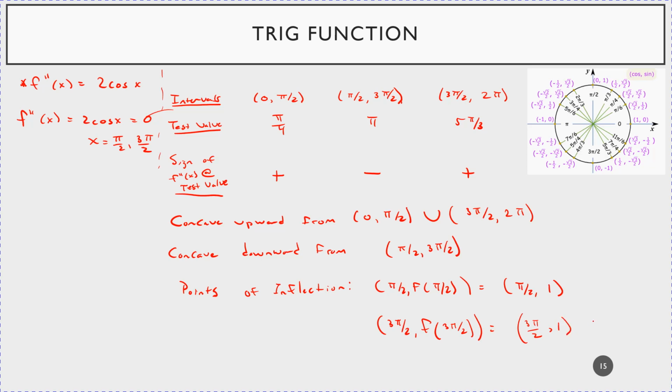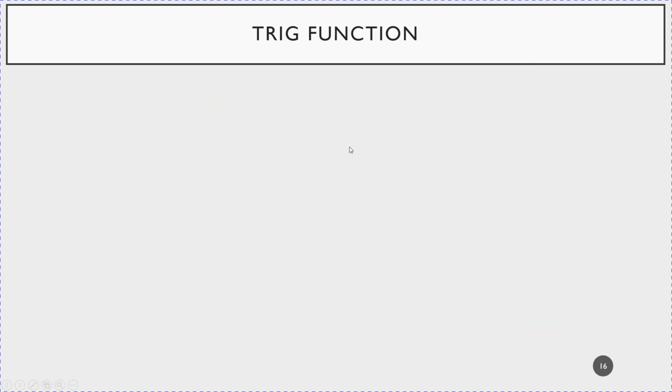All right, now we need to put this all together and sketch this trig function here. When I do this by hand, I'm going to go to the next slide. I'm just interested from 0 to 2 pi, so watch how I set this up to sketch this by hand.